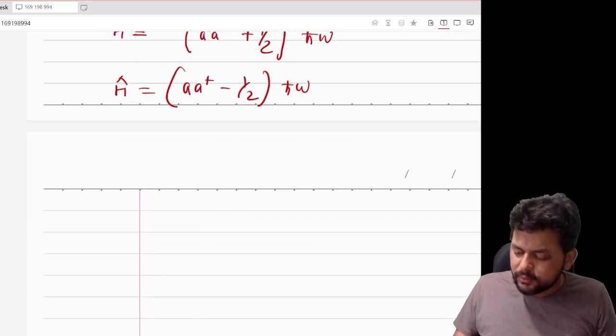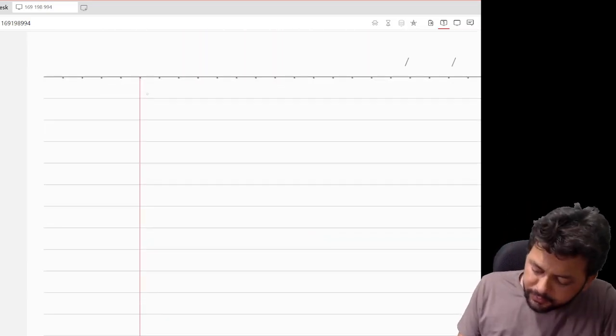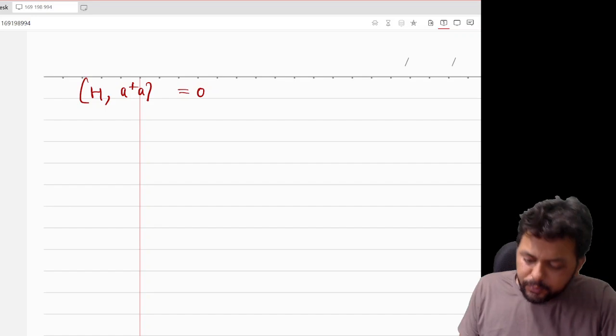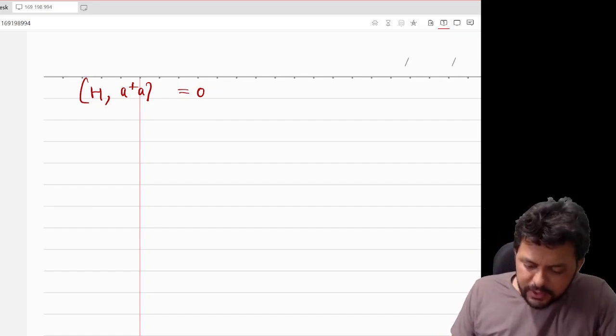You will be able to understand, till here it should have been clear. Now if you find the Poisson bracket of H and A dagger A, it comes out to be 0. You can put the value and get the answer, and it cancels out and you get 0.